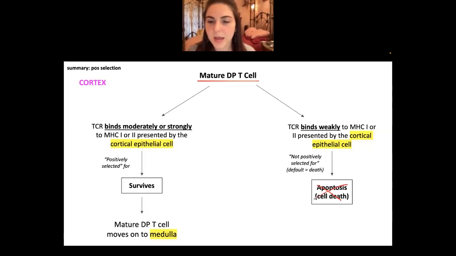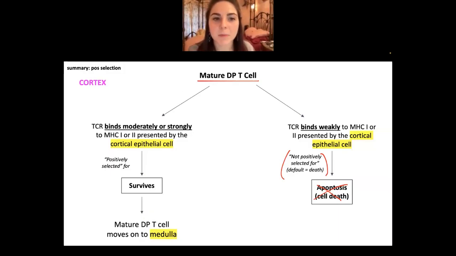This is kind of that whole idea we talked about. This is not negative selection, like death. It's not negative, it's just not positive. It's the same idea as the B cell stuff. Selection requires that you're actively doing this. This is just if it binds weakly or doesn't bind at all, it just automatically dies. The default pathway is death.